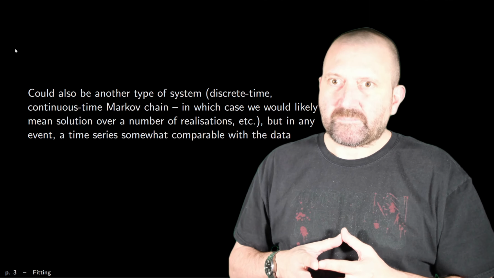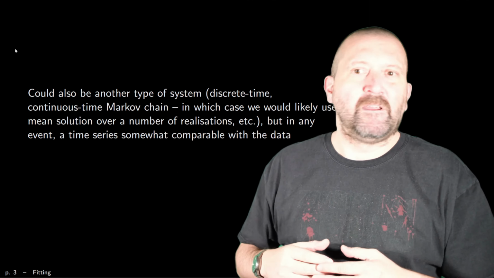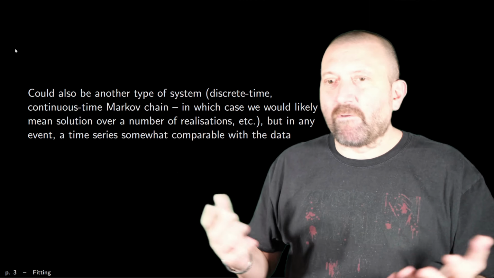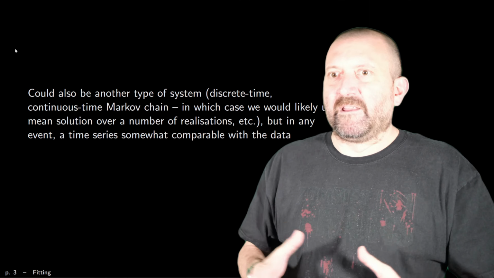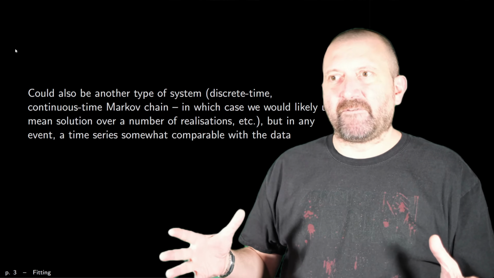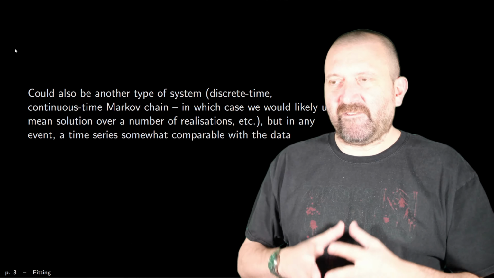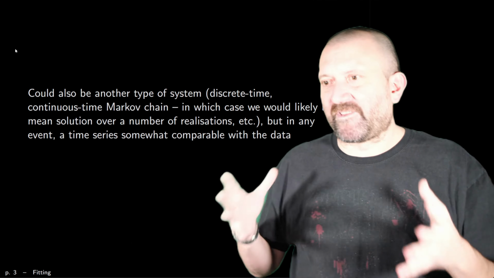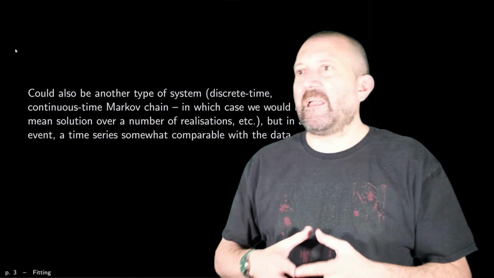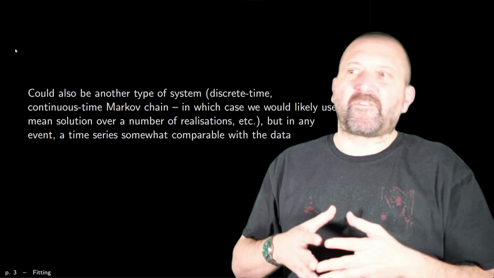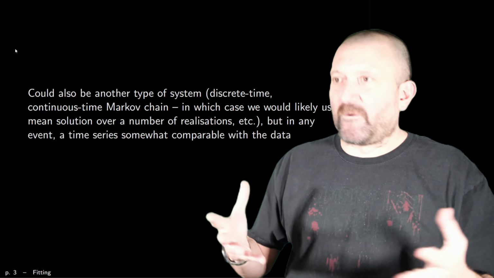Okay? So we could have a discrete time model, we could have a continuous time Markov chain, we could have all sorts of models. The idea overall is that we have a time series of data points. Okay, so we have measurements of the state of a system over time, and we're able to produce a corresponding time series from the model.